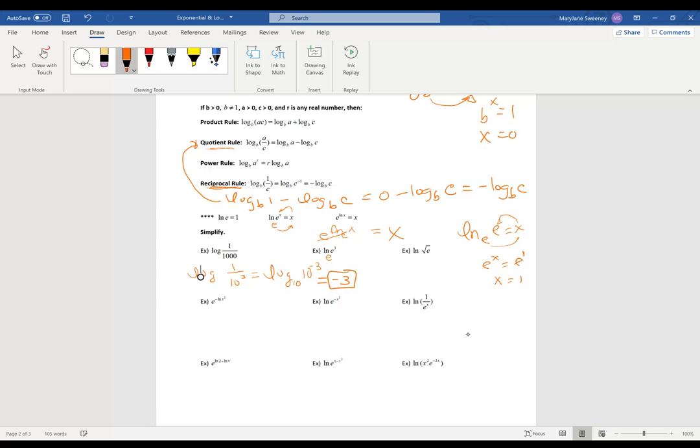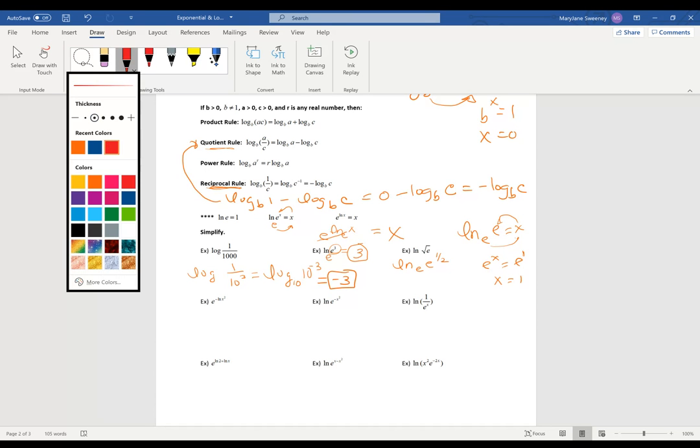ln is a log with a base of e. So a log with base e and a power with base e cancel each other out, and you just get 3. This is ln. Again, this is a base of e. And then radical e, or square root of e, is e to the 1/2 power, right?